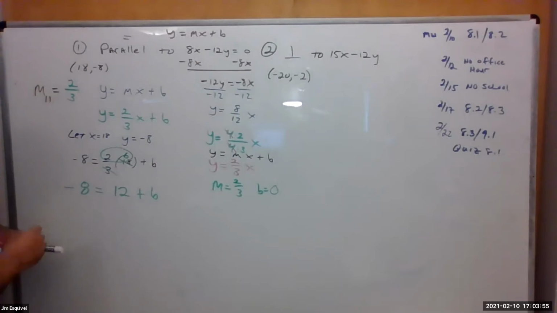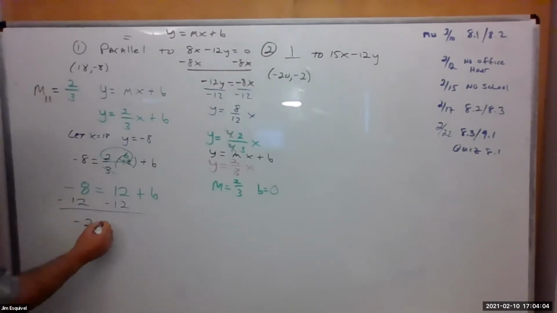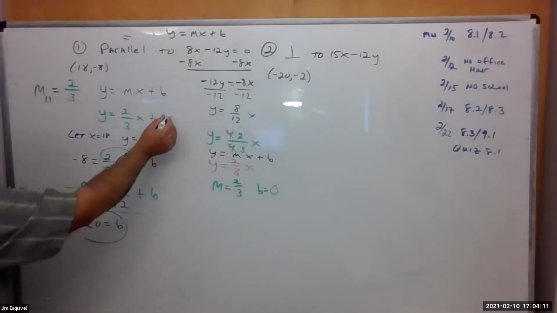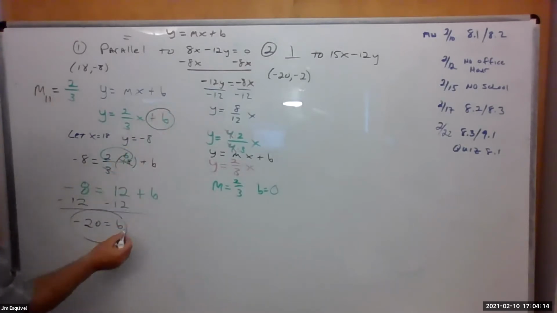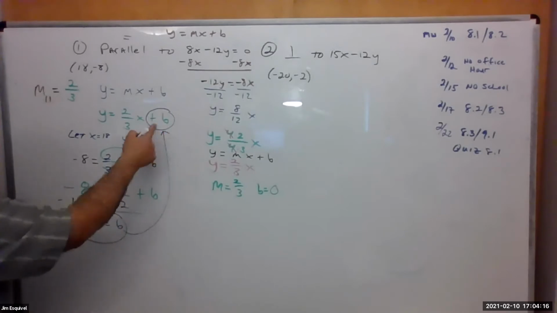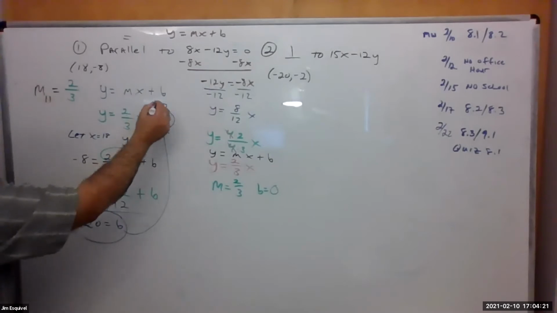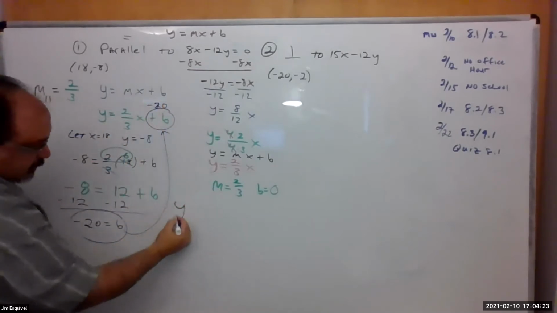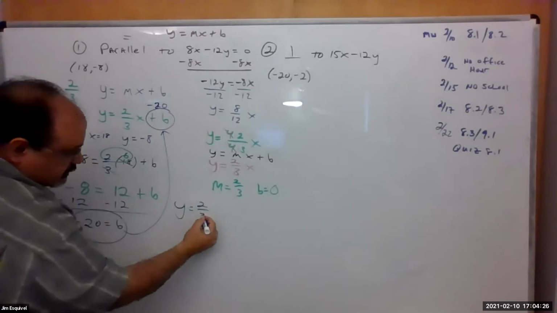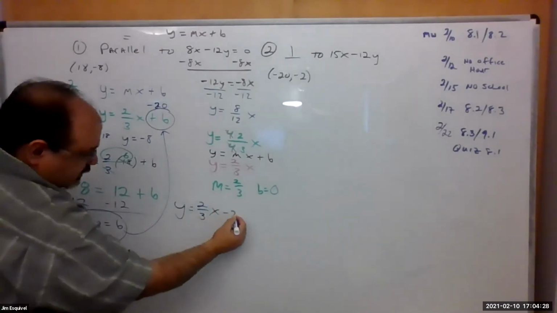Subtract 12. Subtract 12 from both sides. -8 minus 12 is -20. That's the y-intercept. So the missing y-intercept right here, you're going to replace that with a -20. So y equals 2/3 x minus 20.